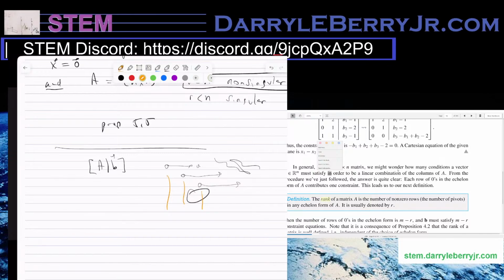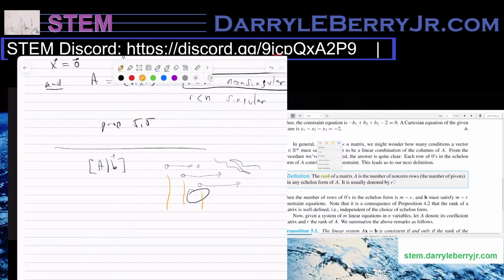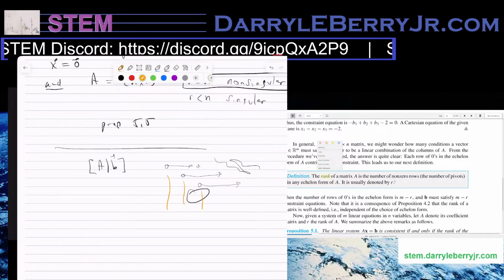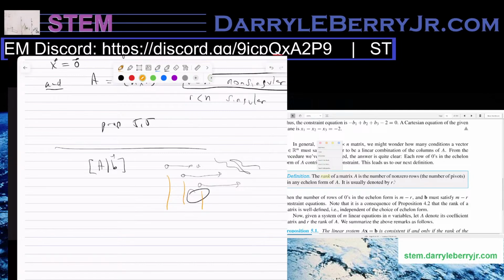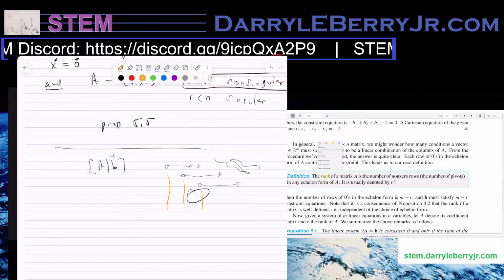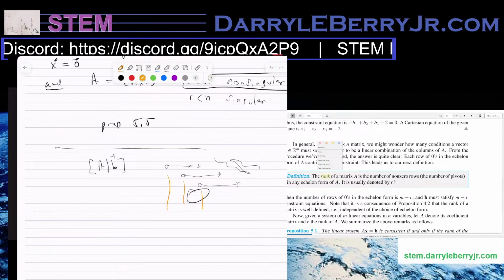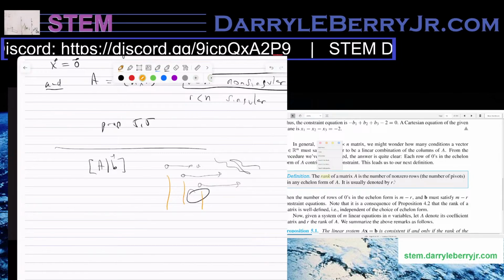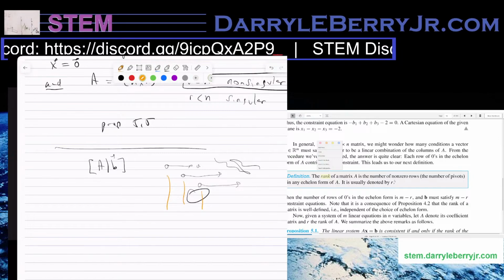And the number of rows of zeros in echelon form is m minus R. M is the total number of rows minus the rank, which is the pivots, and that gives you all the zeros. So b must satisfy m minus R constraint equations.